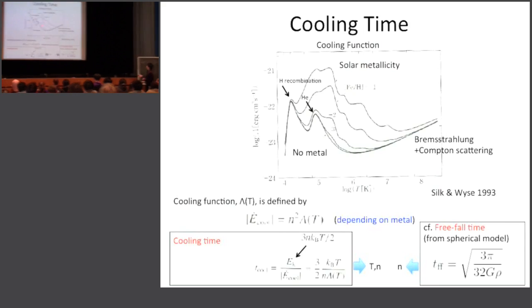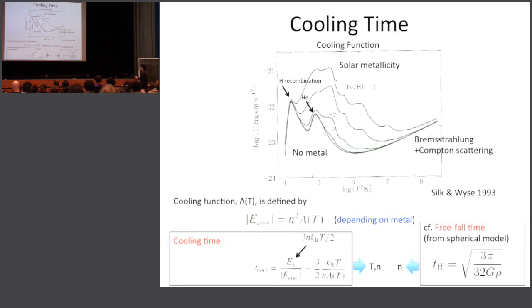And also if you have some metals in the gas clouds, then these metals allow more transitions. So easier, faster cooling, a larger cooling function is expected. Especially this is the solar metallicity, so pretty fast cooling is expected.